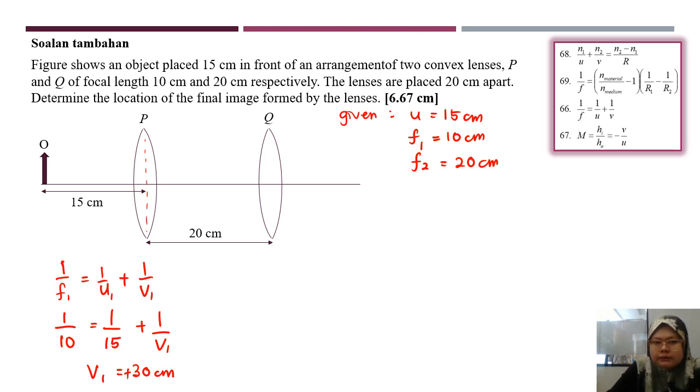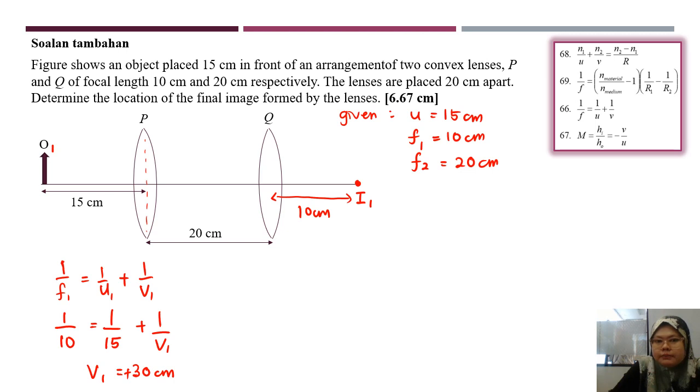Okay, so 30 cm, so jarak antara P dengan Q is 20, so meaning that here will be the location of the first image. This is the first object, so this is the first image. So the first image is 10 cm behind the second lens. Sebab jarak P dengan Q 20, so we have to add another 10 cm behind the second lens, so that will be the position of the first image.